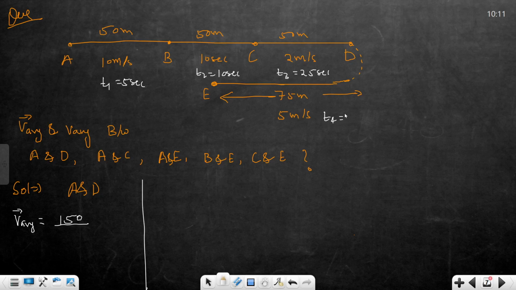T4 is 25. No, sorry, 15 seconds. So what will be average velocity? It will be total displacement, that is 150, divided by total time taken, that is 5 plus 10 plus 25, so that is 40. So answer is 15 by 4. And in this case the speed is also 15 by 4 because the direction is same. Clear? The direction is same. That's why speed and velocity will be the same.